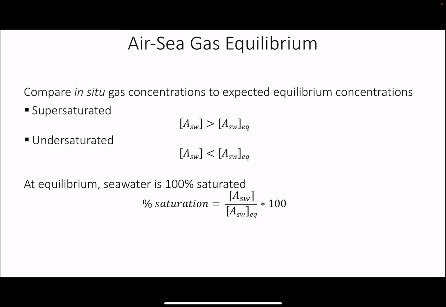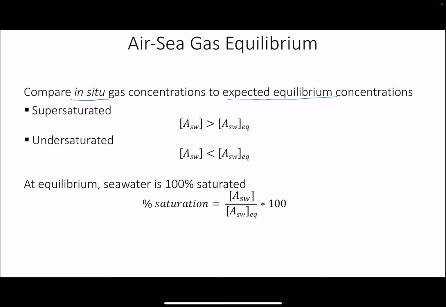Okay, so Henry's law allows you to calculate what the equilibrium concentration in the ocean should be, but that isn't necessarily what you find when you go out and measure gases in the ocean. And so when you go out and make a measurement, we refer to this as the in situ concentration. And you can compare the measured concentration to what you would expect for your equilibrium concentration.